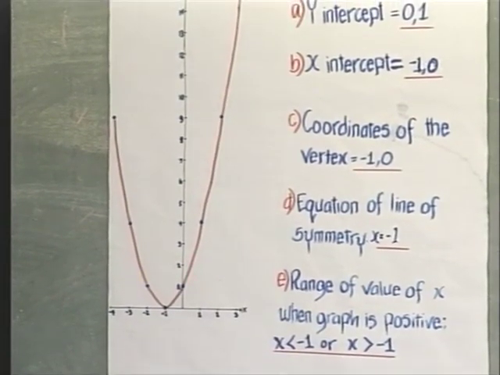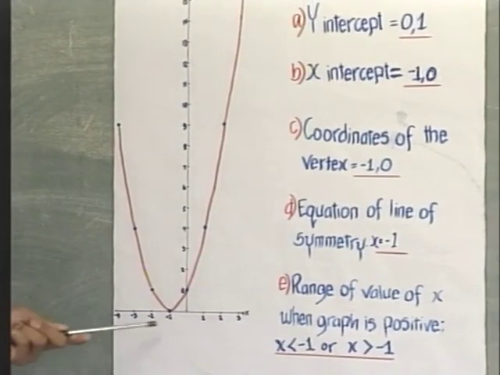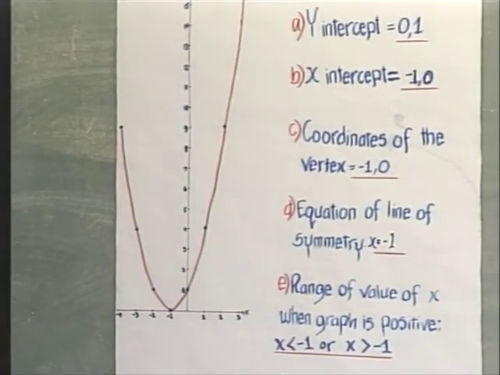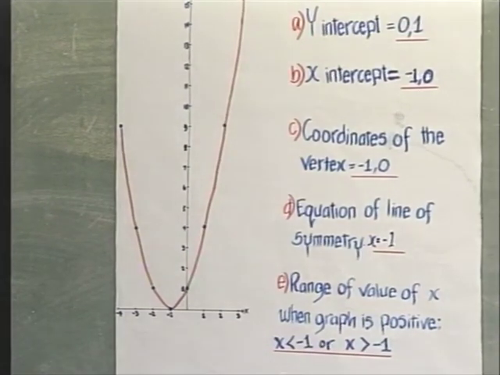The equation of the line of symmetry is taken from this axis here, where x is equal to negative 1. And the range of values of x when the graph is positive is x is less than negative 1, or x is greater than negative 1.